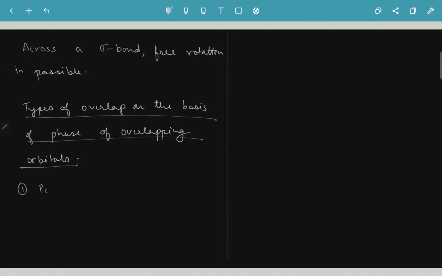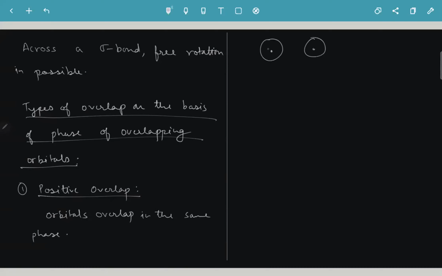सबसे पहले पॉजिटिव ओवरलैप: orbitals overlap in the same phase. Example, positive phase overlaps with positive phase, negative phase overlaps with negative phase.